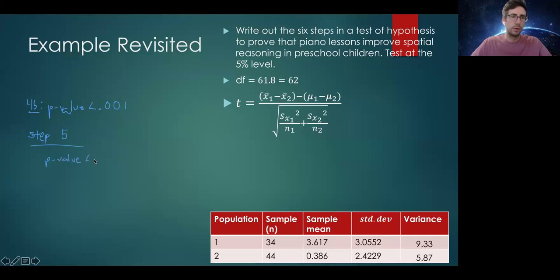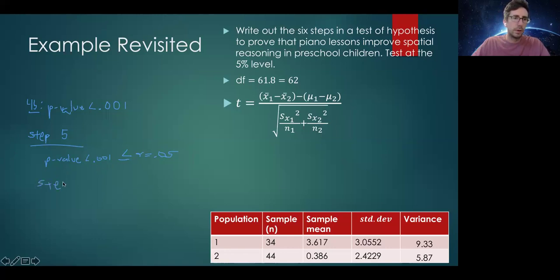So our p-value is less than 0.001. And then we say this is less than or greater than alpha, which equals 0.05. 0.001 is smaller than 0.05, which is our alpha.